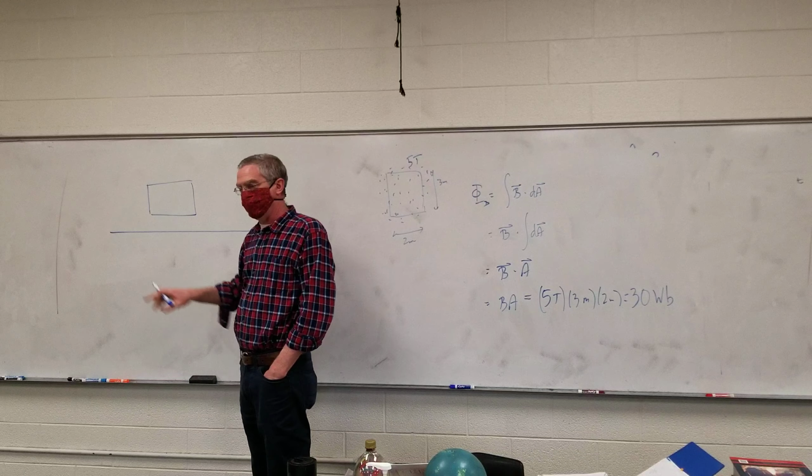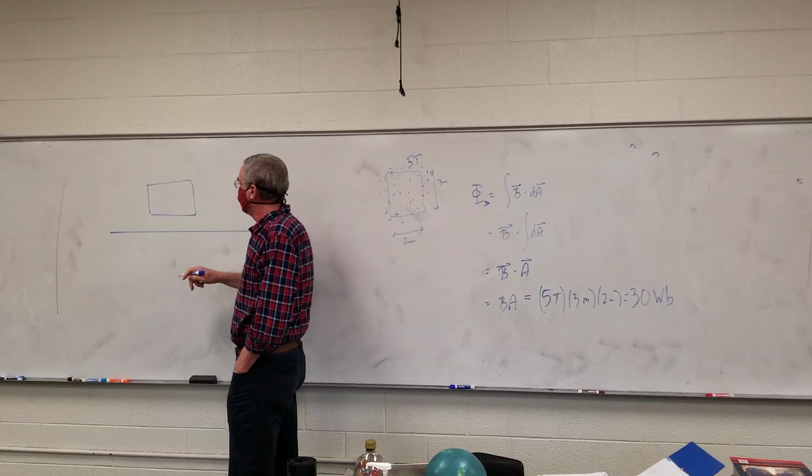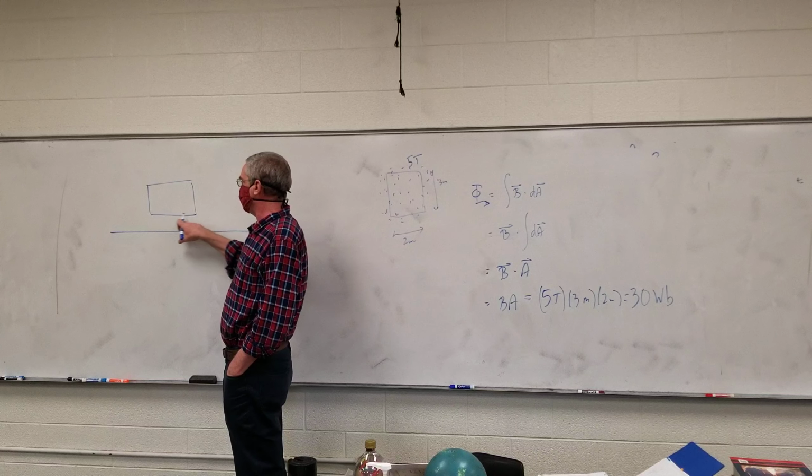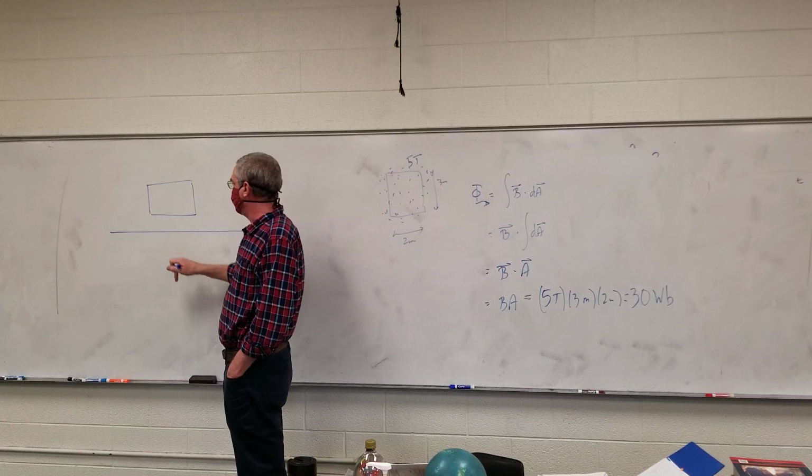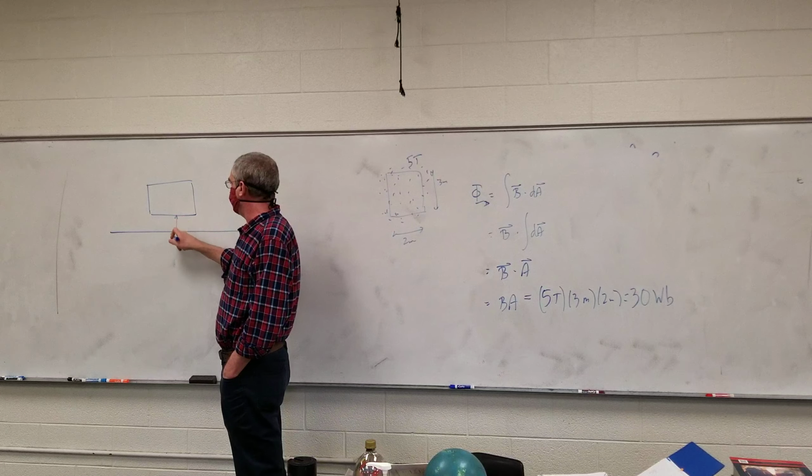Despite the way I drew it, this is supposed to be a rectangle, where this side right here is parallel to the wire. Let's throw some numbers in here. Let's make this 5 centimeters, and then the width here, 7 centimeters, and the length, or the long way, 12 centimeters. Actually, 14.